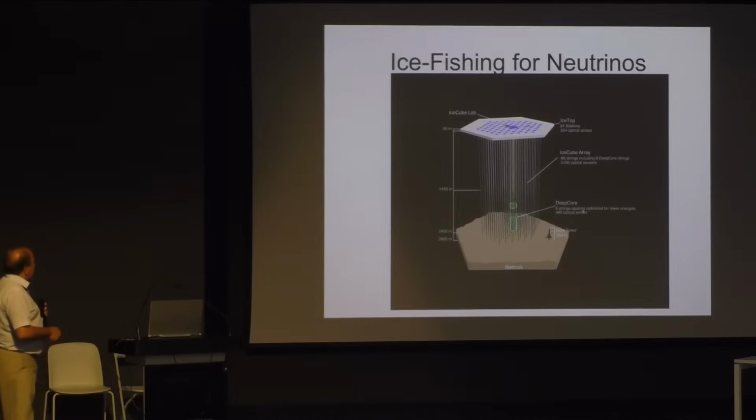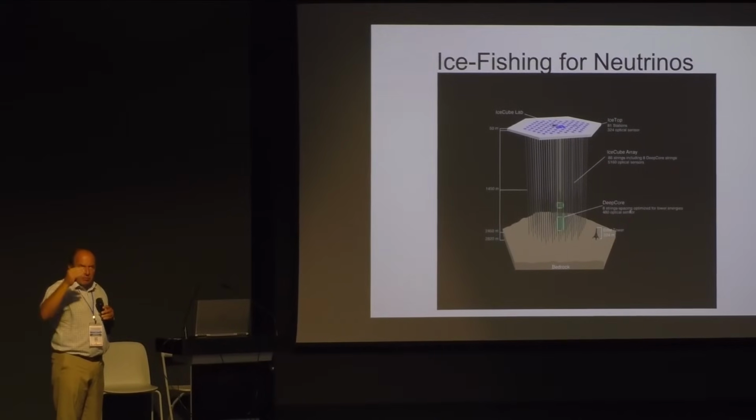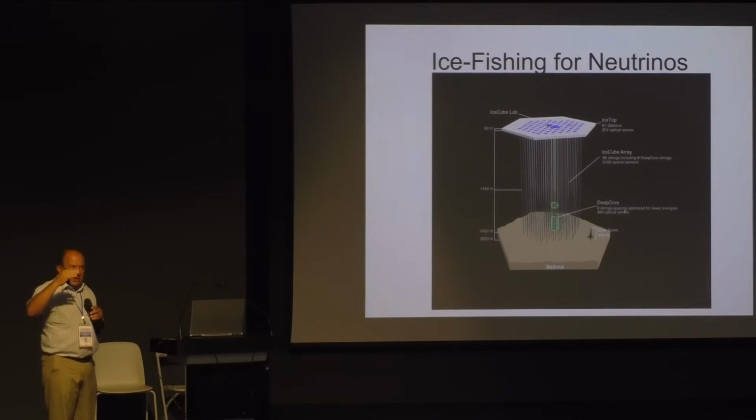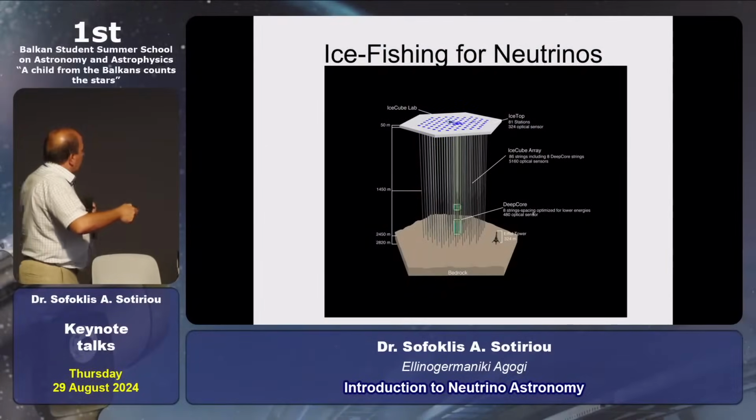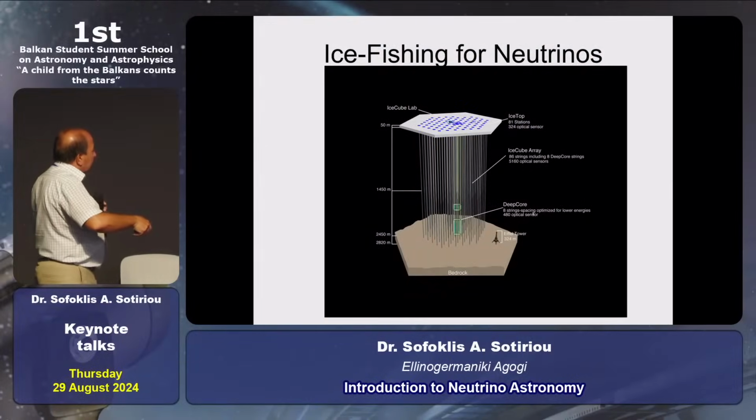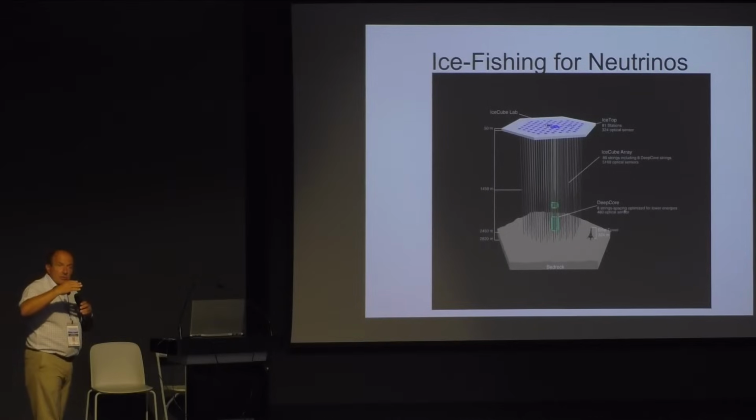In fact, at higher levels, the ice has bubbles from its creation. This ice has been there since the creation of the planet. So when it was created, the pressure was not so big, so there are bubbles.